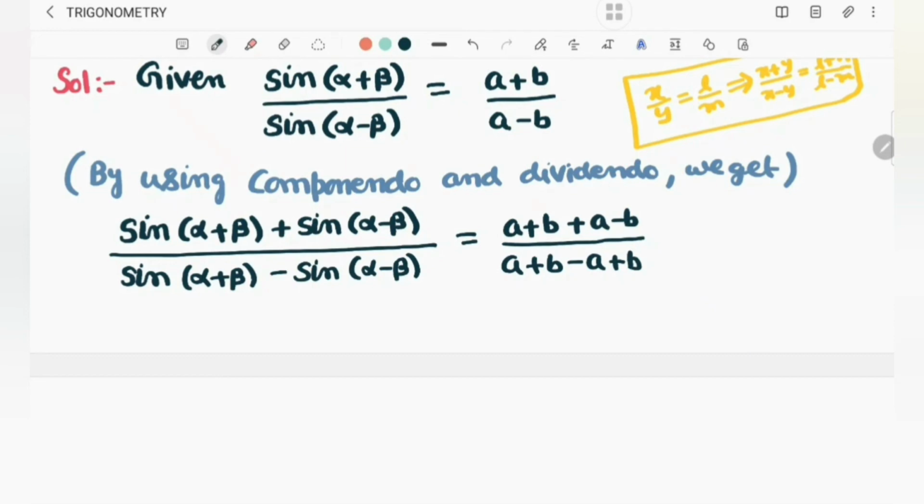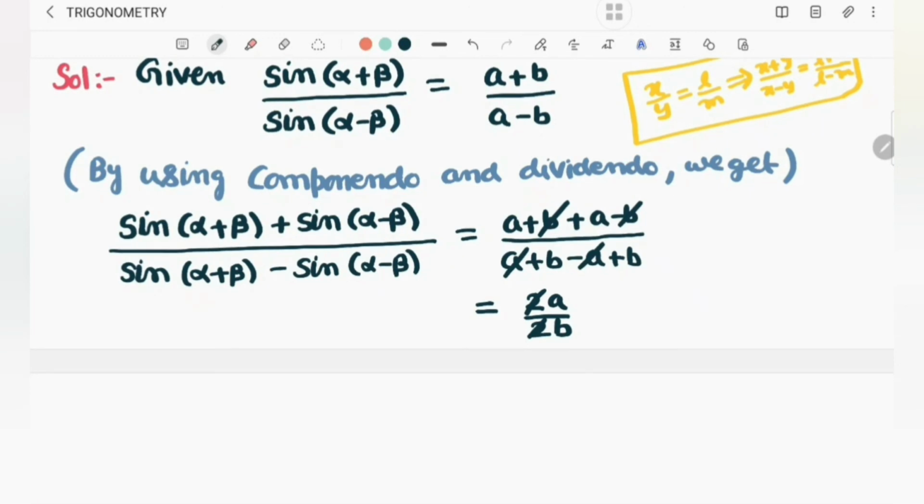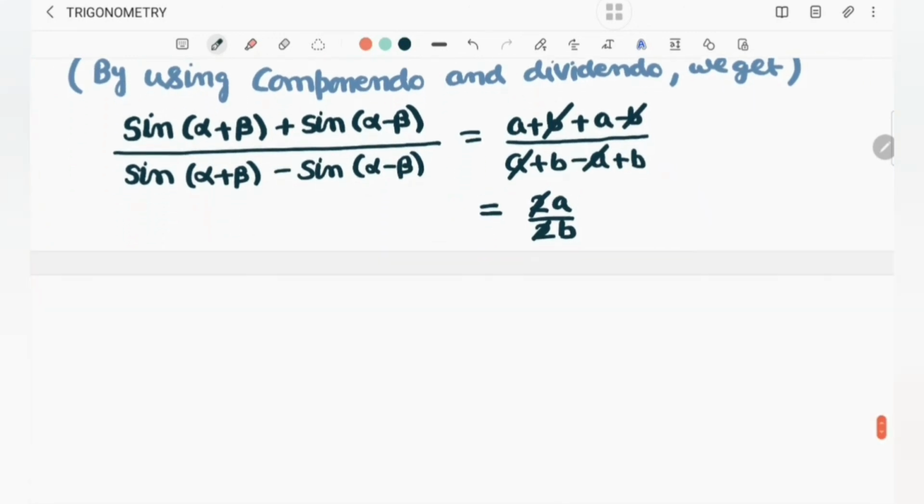Sin of a plus b plus sin of a minus b is 2 sin a cos b. Suppose if you do not remember the formula, you have to expand and write it. Here minus b plus b get cancelled, minus a plus a get cancelled. So you will get here 2a by 2b. Even 2 also get cancelled.